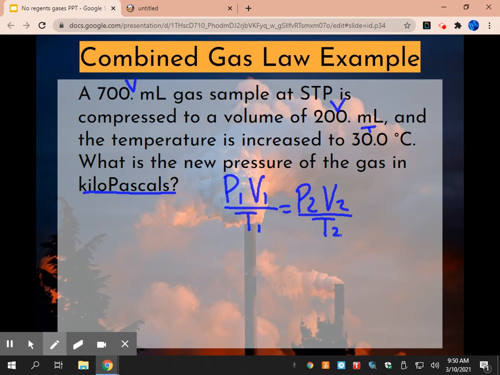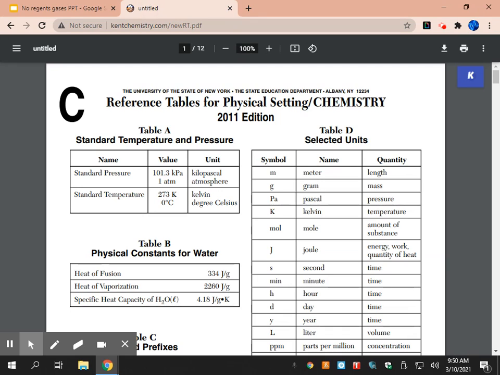Whenever you have this, do not panic, because you're told that it is at STP. So since we are told that it's at STP, we can figure out what the pressure and the temperature is. If you go to your reference table and you look on the first page right here at table A, it says that standard pressure is 101.3 kPa or 1 atmosphere.